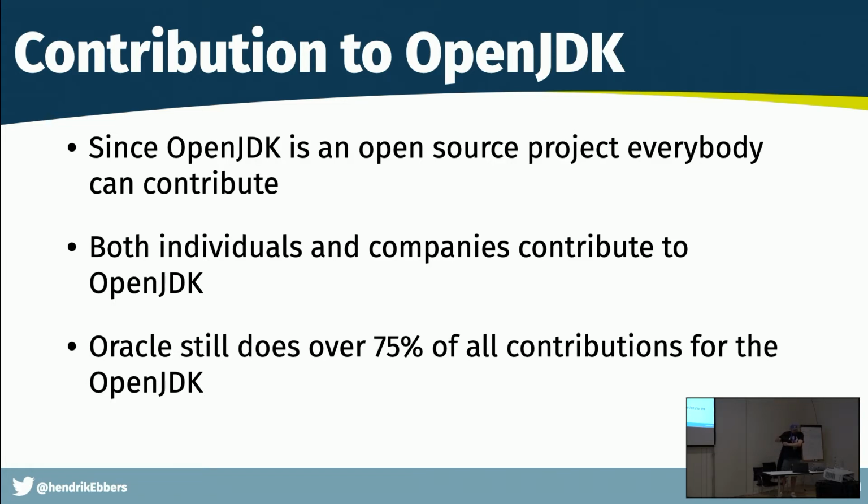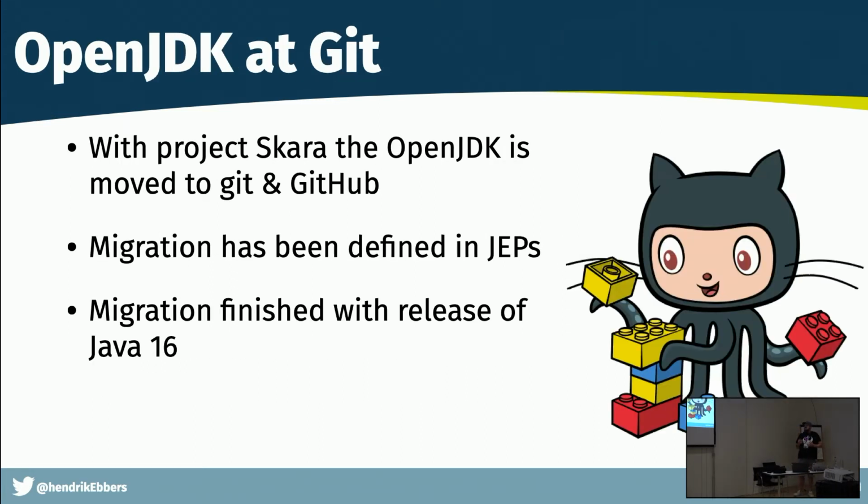While it's mostly Oracle who did this in the past and still does it, there are a lot of other companies and individual people that contribute to the OpenJDK. This has become much better within the last years since the OpenJDK has been migrated to Git and to GitHub. So today, all the sources of the OpenJDK are hosted at GitHub.